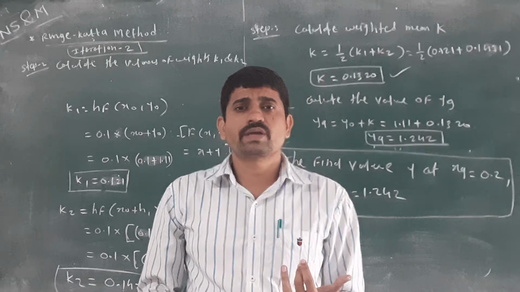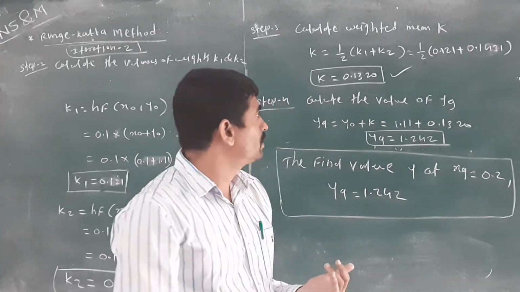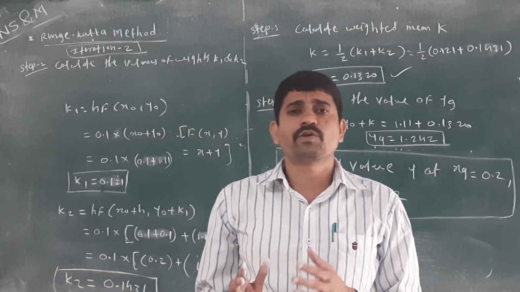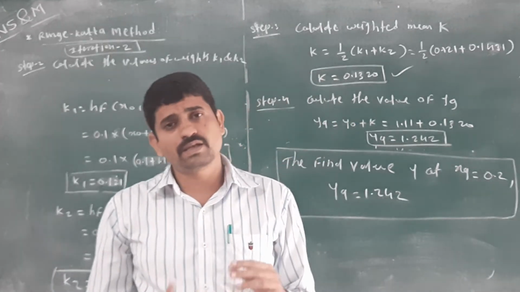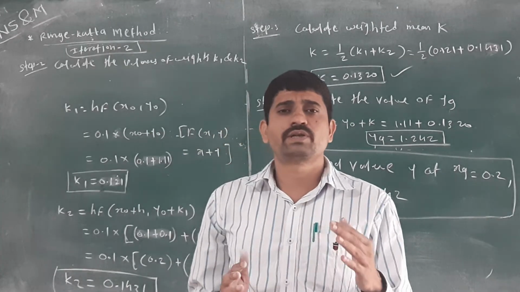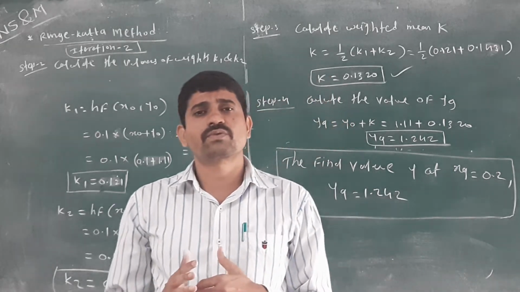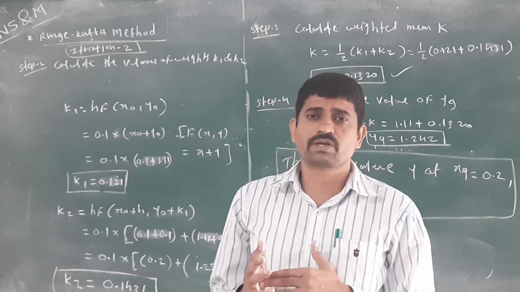N is equal to (xg minus x0) divided by h. This value is known. Suppose you get the number of steps as 2, then you should find 2 iterations. What is the meaning of that 2? You have to use the Runge-Kutta formula 2 times, which means you will get 2 iterations.